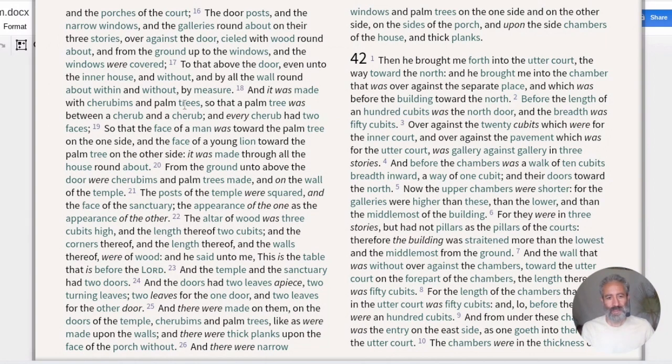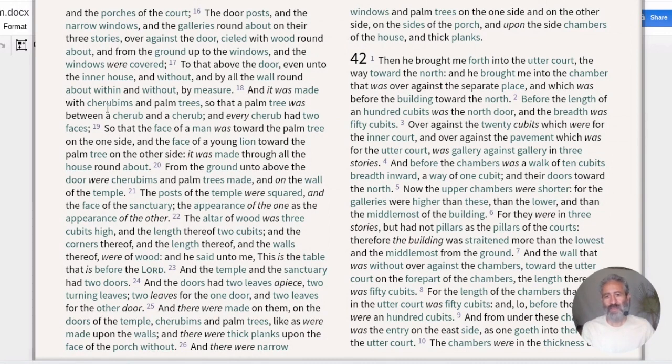Cherubims and palm trees. Okay, now if we think about Garden of Eden, what do we have? We had cherubim and we had trees, the tree of life. Okay, we know that the palm tree is one of the fruits of the tree of life. That's why they're waving palm trees at the time of the feast. Even now we're in the time of the fall feast.